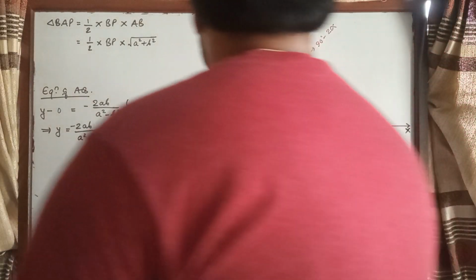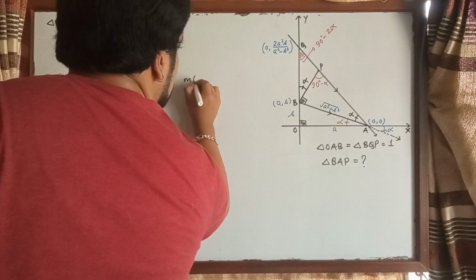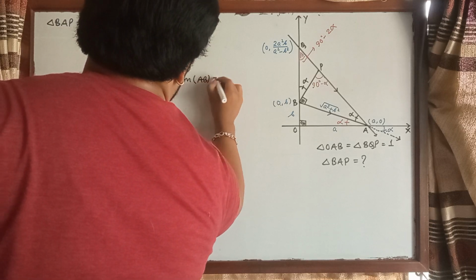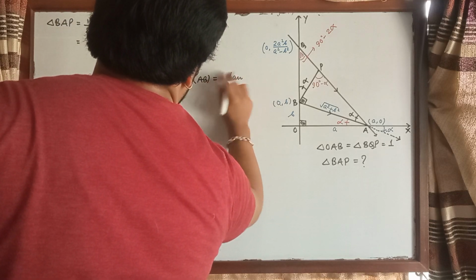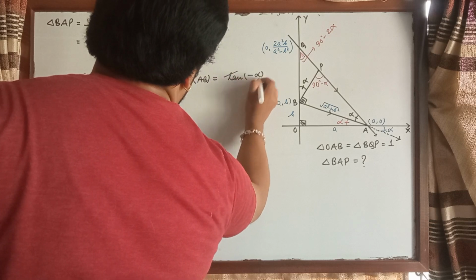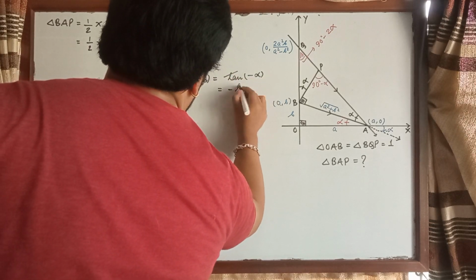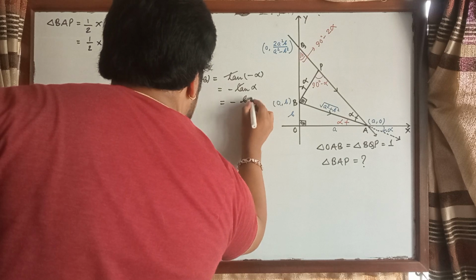So the slope of AB equals tan of minus alpha, which is minus tan alpha, which is minus b over a.